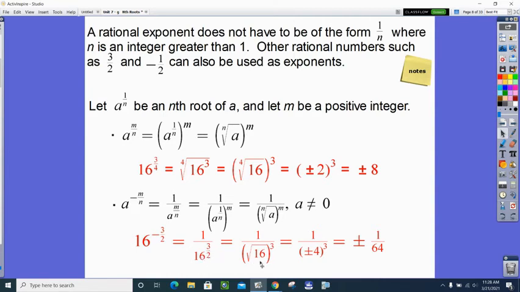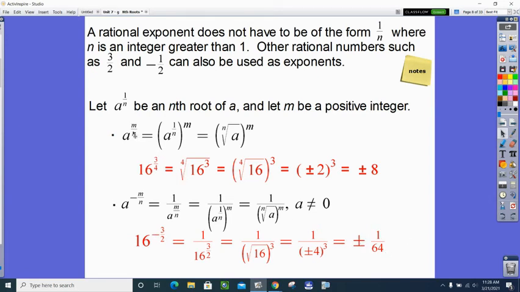So I'm going to take the square root of 16 and then raise it to the third power. The square root of 16 is 4 or negative 4. And then I'm going to raise it to the third power. 4 to the third is 4 times 4 is 16 times 4 is 64. And negative 4 times negative 4 times negative 4 is negative 64. So this is just plus or minus 1 over 64.